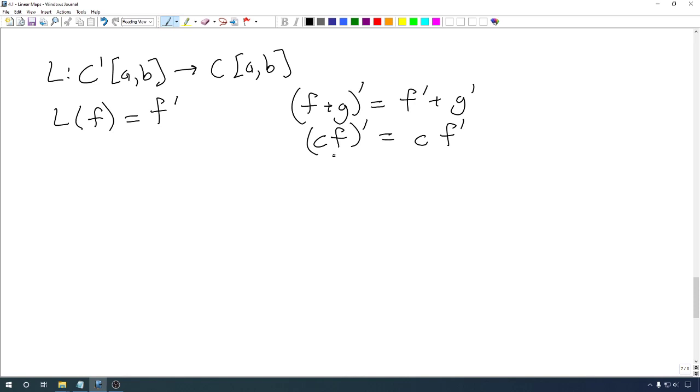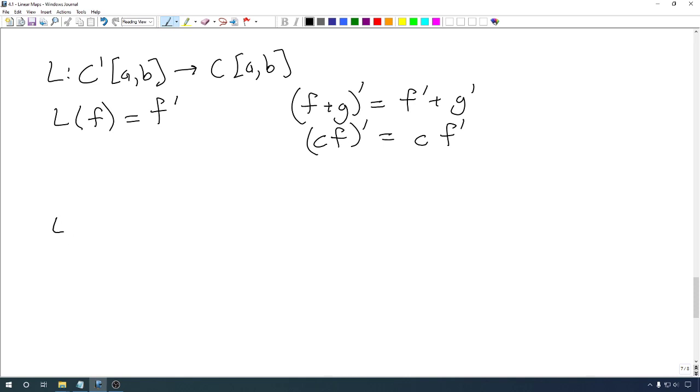Those are important rules of differentiation that you've used quite a bit. And what they basically mean is that this L is in fact a linear transformation from one vector space to another. So you might have heard the term that these are the linearity properties of differentiation.